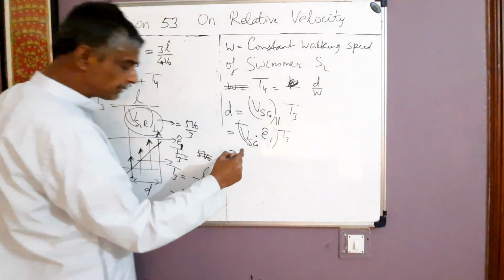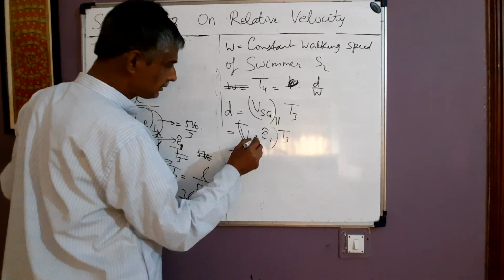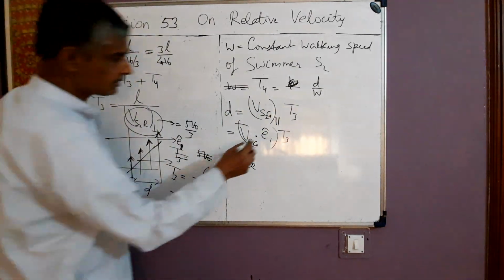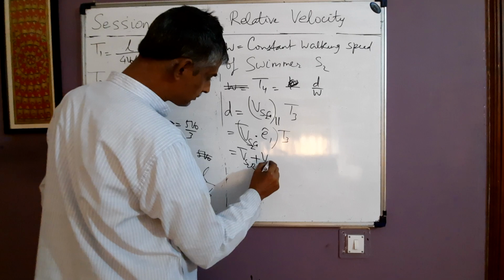VSG can be broken up as VS2R plus VRG, dot e1 hat, into T3. This is S2, not swimmer S1.